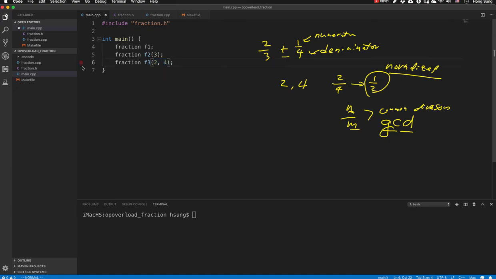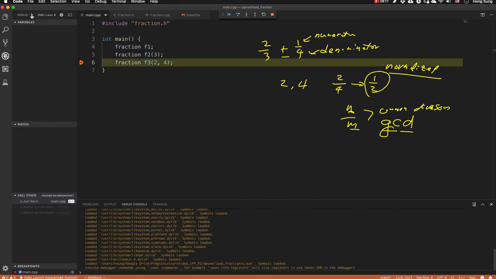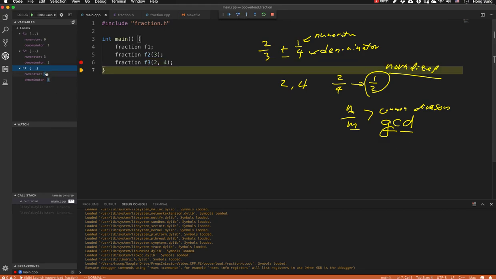So let's put a breakpoint here, compile, and start debug. F1, F2, F3 with numerator and denominator. At this moment F1 and F2 are set, so 0, 1 and 3, 1 are there for F3. If I step over 1 and 2, normalization is correctly done.